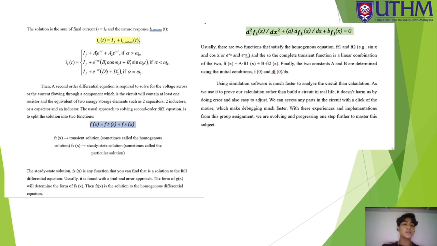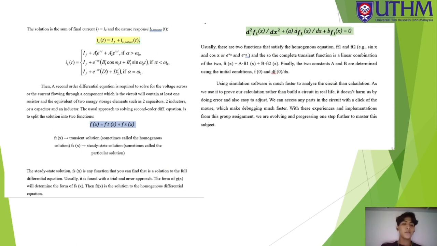The steady state solution fs(t) is any function that you can find that is a solution to the full differential equation. Usually, it is found with a trial and error approach. The form of g(t) will determine the form of fs(t).